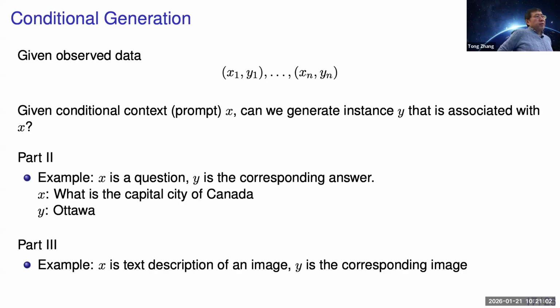For part 2, we are looking at text, for example a question and an answer. We all know this because everybody is probably familiar with GPT. You just ask, and then it gives you an answer. Part 3 will be images. You say, I want to generate an image, for example beside a mountain, with a village and some people around and so on.